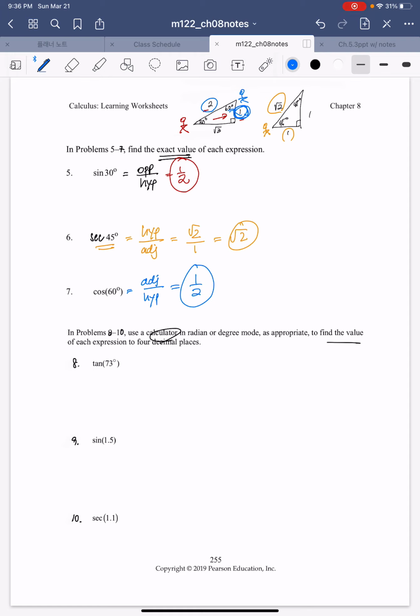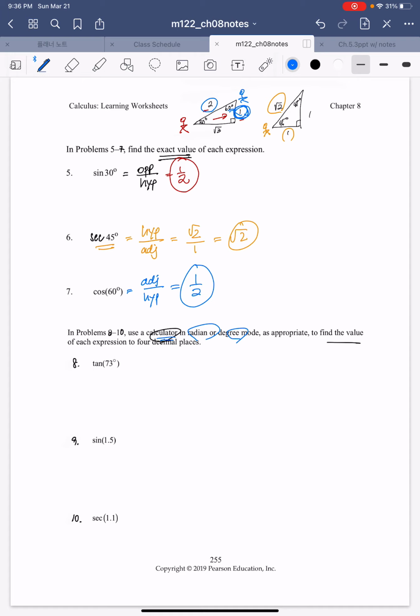Now, on the other hand, 8, 9, and 10 are not known angles, not friendly angles. Take a look at the 73. We don't have a nice 73 triangle. So we are going to use the calculator. You have to be careful when using a calculator because it doesn't know if your angle is in radians or degree mode.